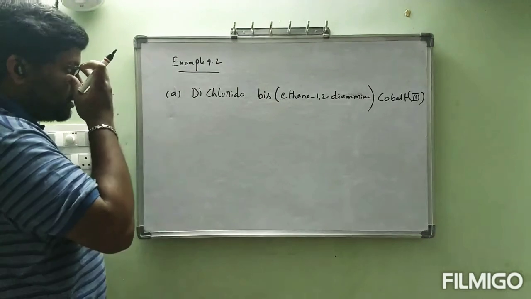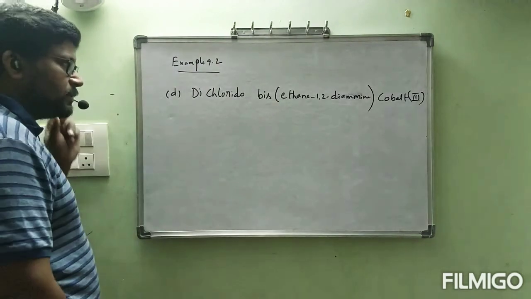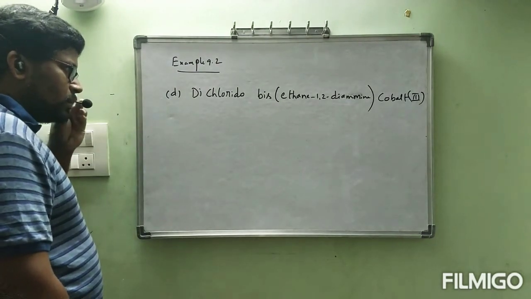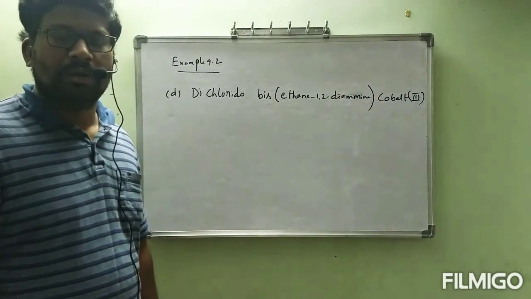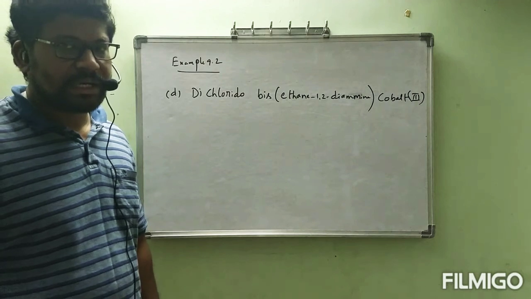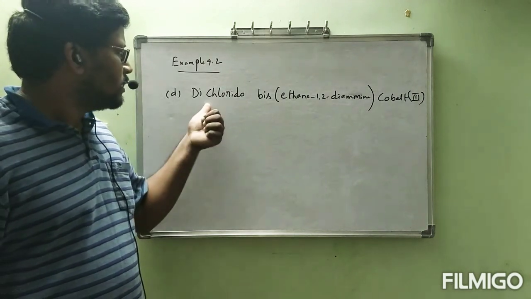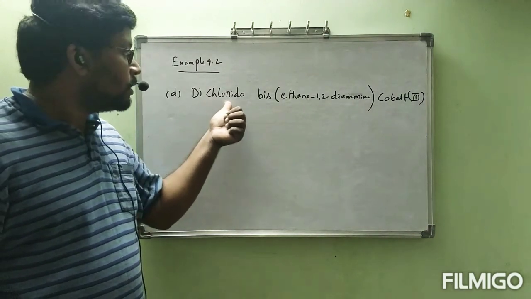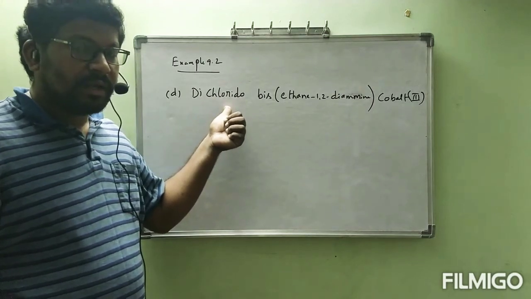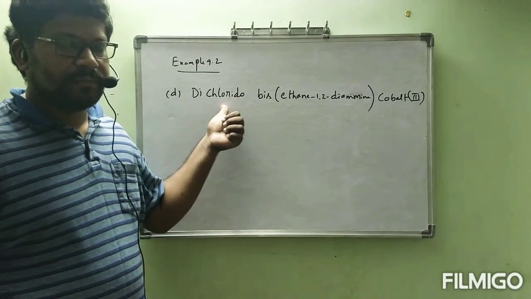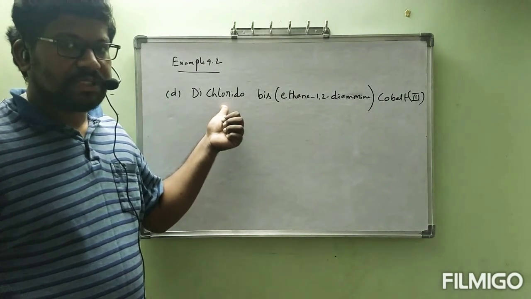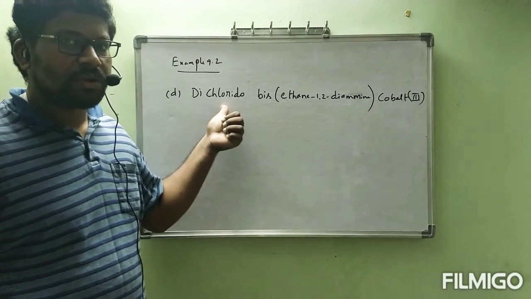Okay. Now, how we are going to write this one? It does not contain counterion. How can I say it does not contain counterion? See, chlorine is present. If chlorine is present as counterion, its name is chloride.